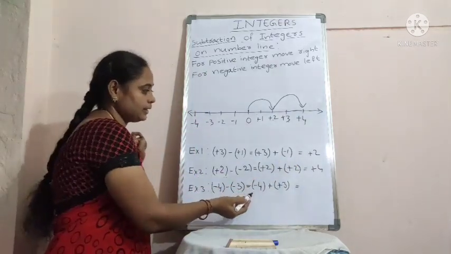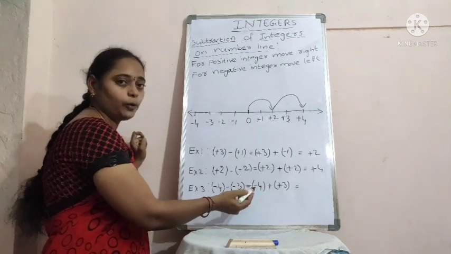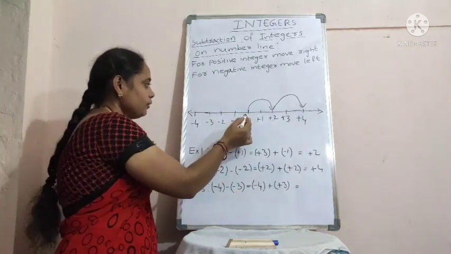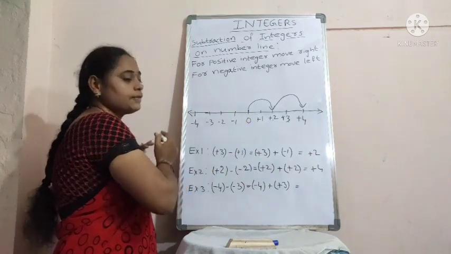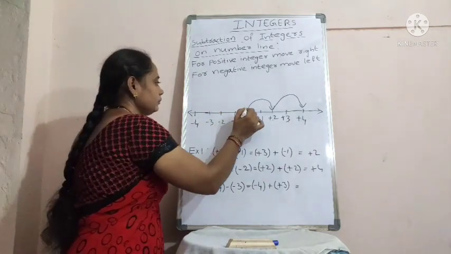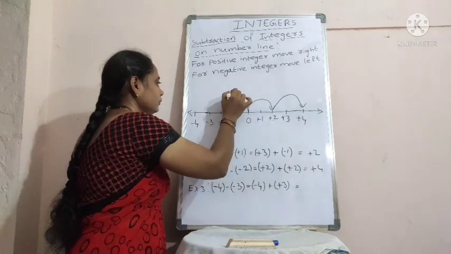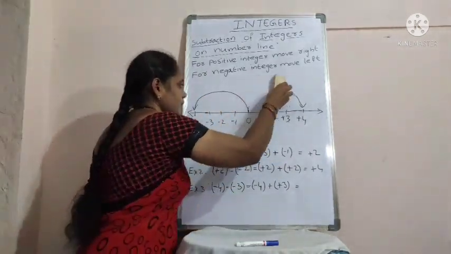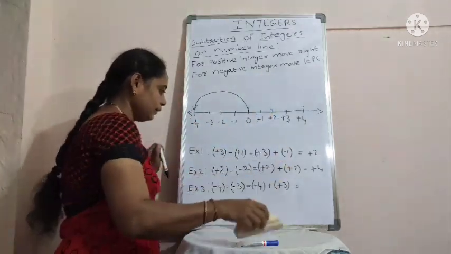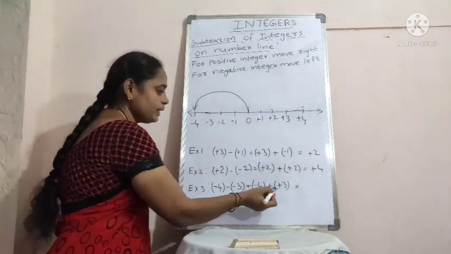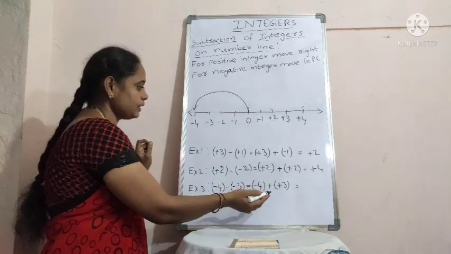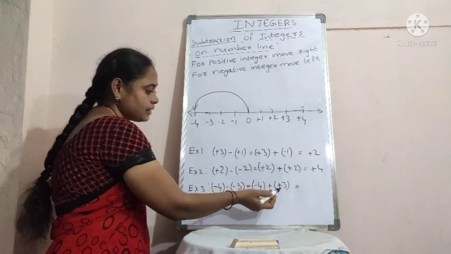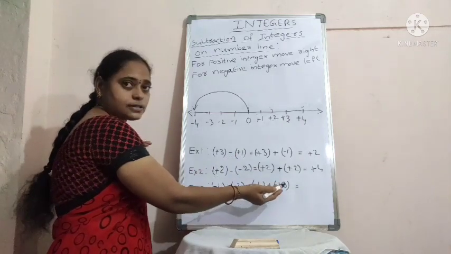Here negative integer. For negative integer we move left. From 0 we move 4 steps left of 0. Then here positive integer. For positive integer we move right. How many steps we move right? 3 steps.